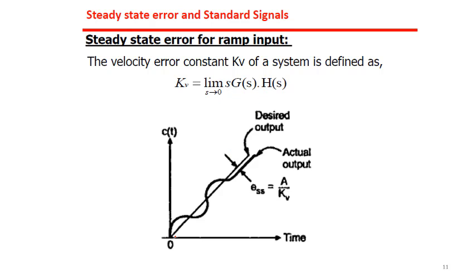So the characteristics for this type of output here is, we can see a ramp type of desired output, and we are having an oscillatory type of actual output during the transient phase, and then we get an offset from the desired output, which is going to be measured as error, that is ESS is equal to A divided by Kv.